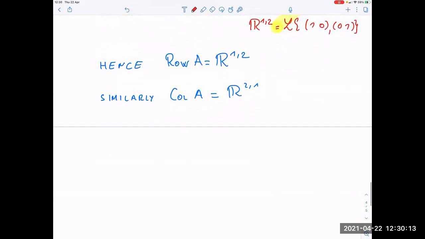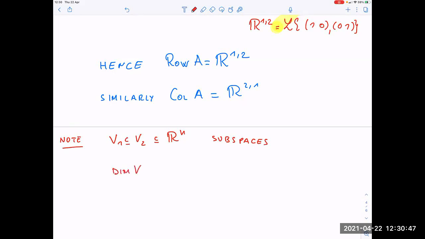So let's make a note and say that you have V1 inside V2, inside Rn, V1 and V2 are subspaces.